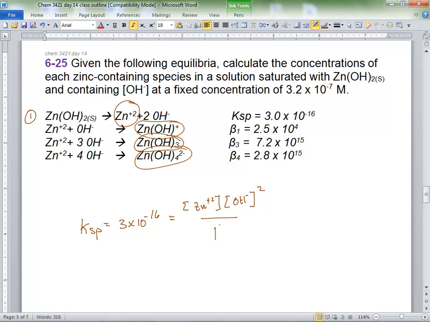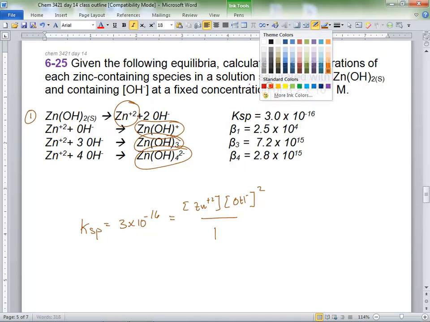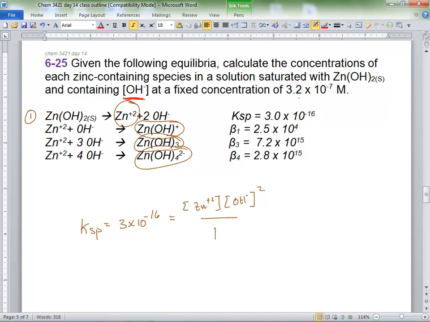Okay. Well, what other information did they give? We can write the expression for every single one of these. But notice, right now we have one of our answers. Can you see it? We know the hydroxide. Good. Eric saw it. We know the hydroxide.